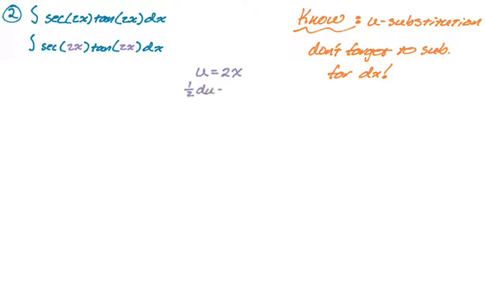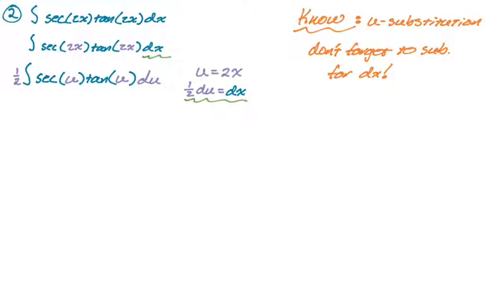So 1/2 du is equal to dx. What's really happening there is du is equal to 2 dx, and then I'm dividing both sides by 2 because I want to substitute just for dx. So I have secant of u, tan of u, and now I need to substitute for dx, and dx is 1/2 du. I'm going to pull the 1/2 out as a constant multiple, so 1/2 and du.